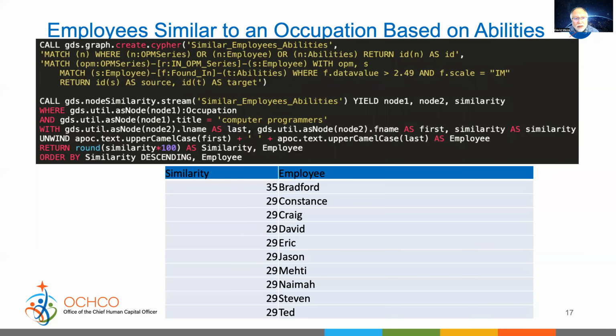One last little piece of code I want to show is for finding employees that are similar to a particular title, in this case employees that are close to being computer programmers based on the abilities they have within the database. It does the same thing I described earlier. It's comparing nodes against nodes, employees against computer programmers with a certain value for the importance ranking, and it pulls out a list of employees that are similar.